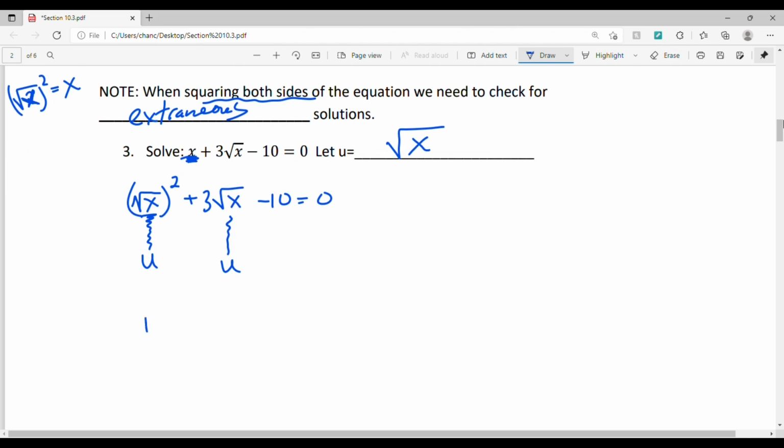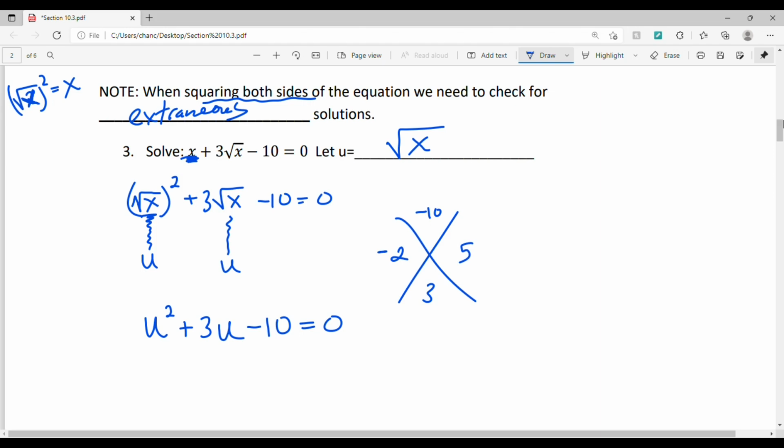Let's rewrite this as u squared plus 3 times the square root of x, which I will replace with a u again. So it's u squared plus 3u minus 10 equals 0. Let's see if this factors. We have negative 10, 3 on the bottom, and so the two numbers are 2 and 5.